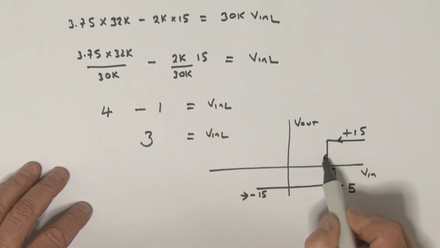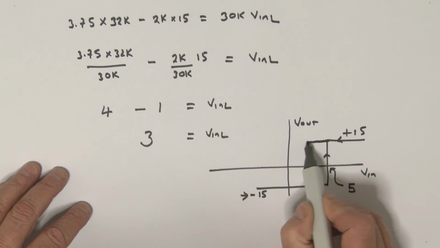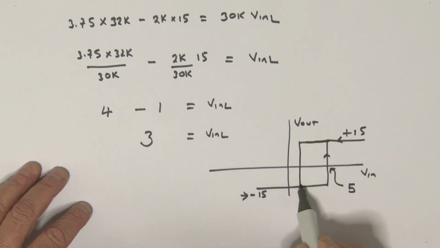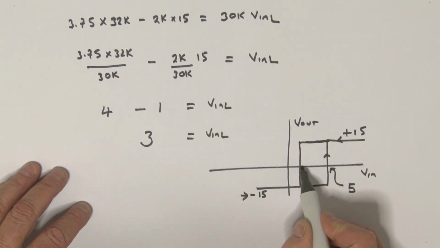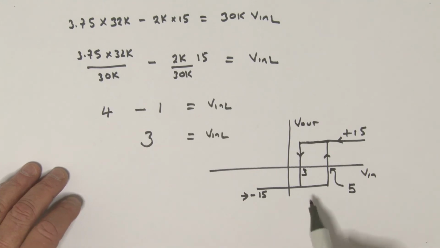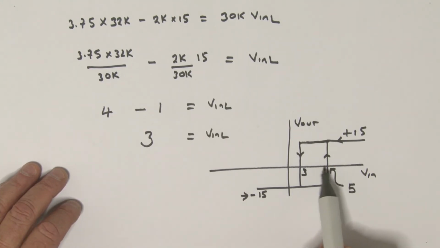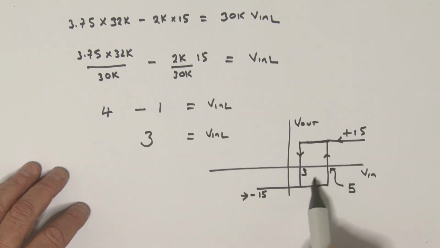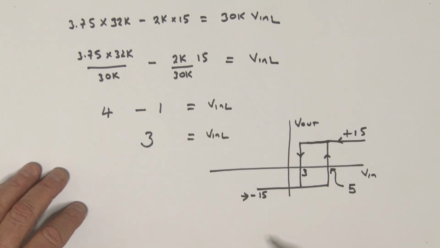And then we switched back. This is, of course, my V in L term when V in had become 3 volts. And so really the hysteresis is what? 5 minus 3, which of course is 2 volts.